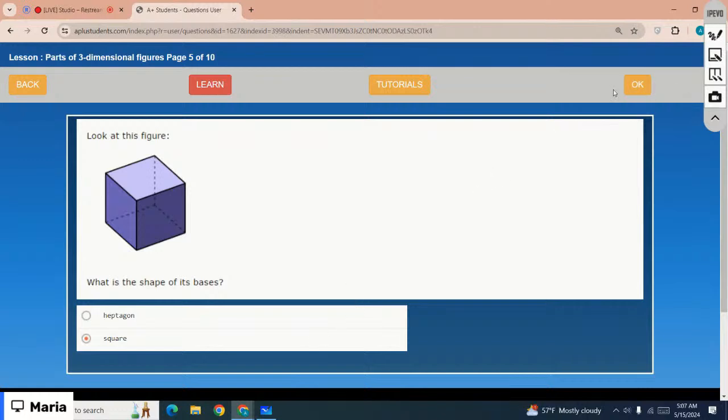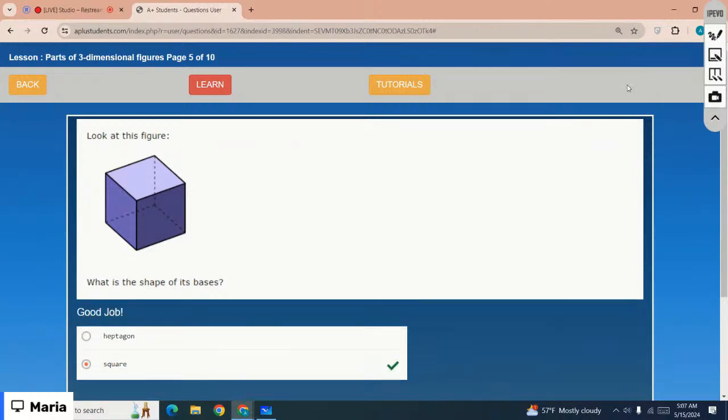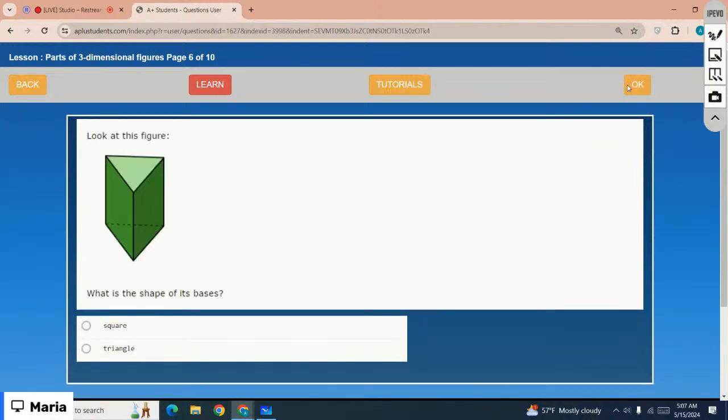Yes, square it is. The correct option is square. Look at this figure. What is the shape of its bases? Which is the correct option? Yes, triangle it is. The correct option is triangle.